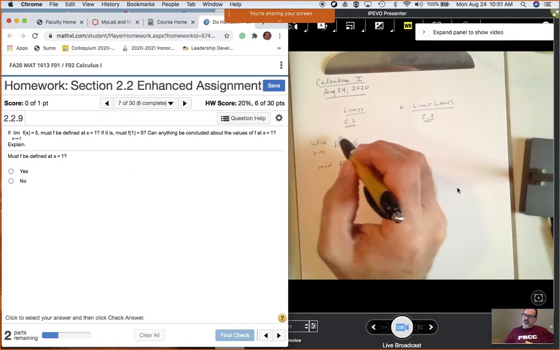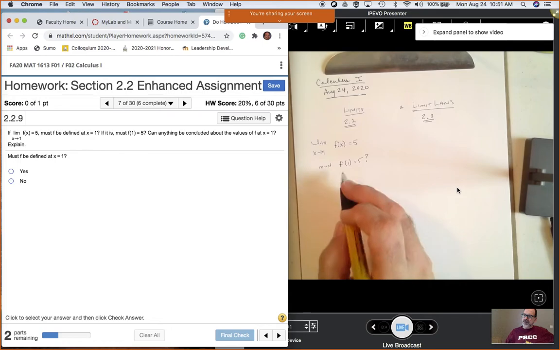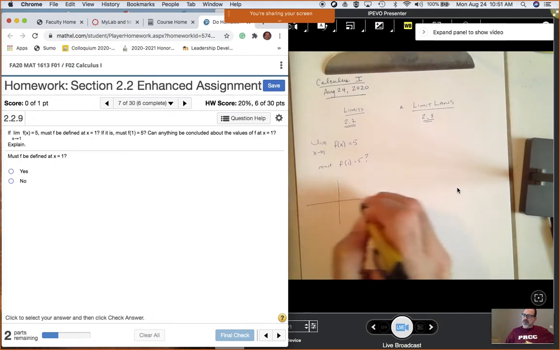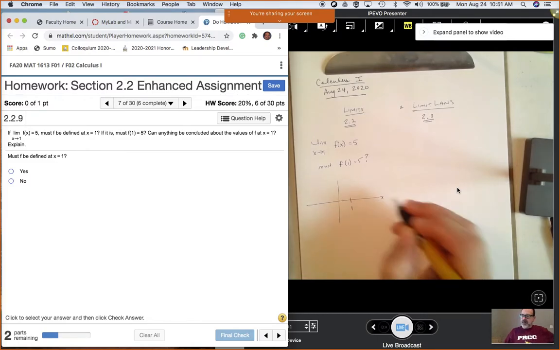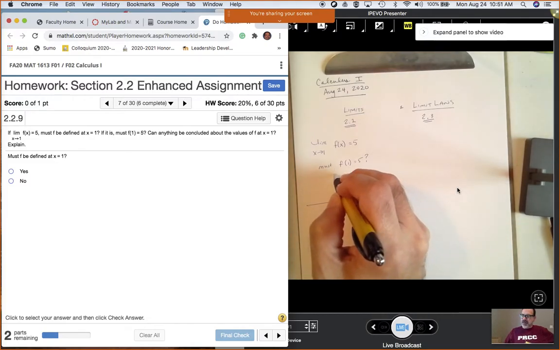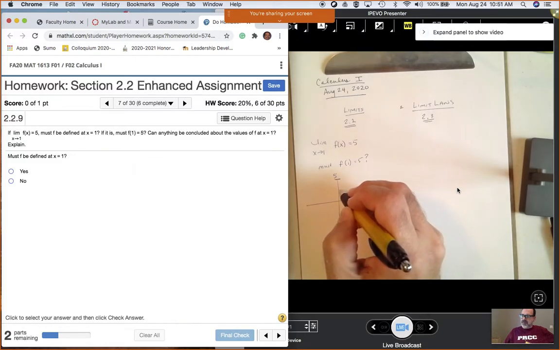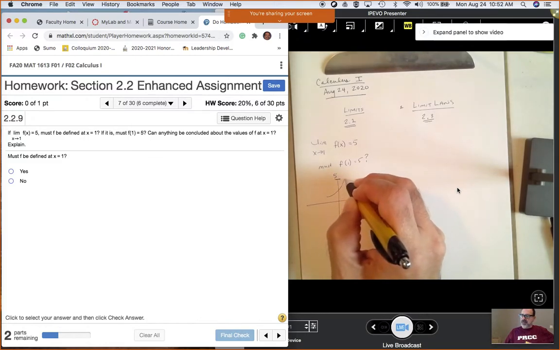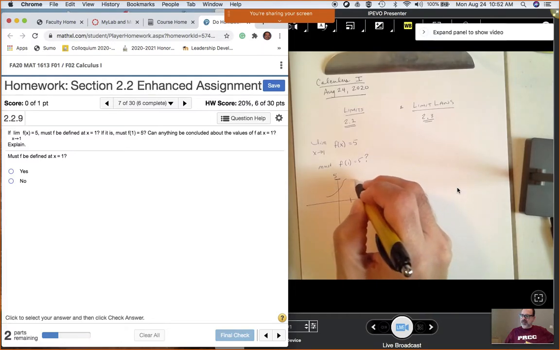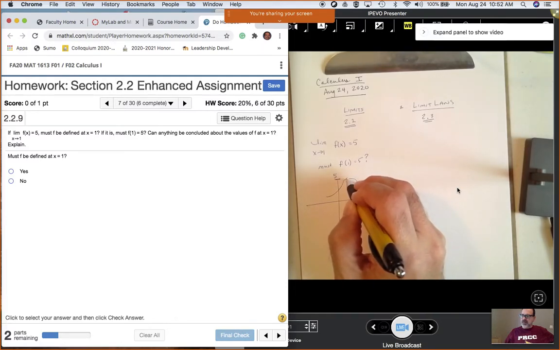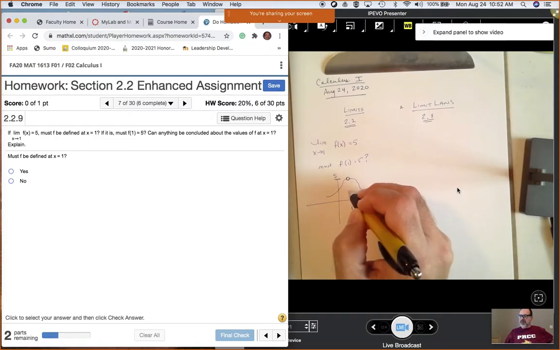So, is it possible for us to approach a 1 on the x-axis and approach a 5 on the y-axis from the left side and from the right side, but not actually fill in the circle? Maybe fill in a circle somewhere else.